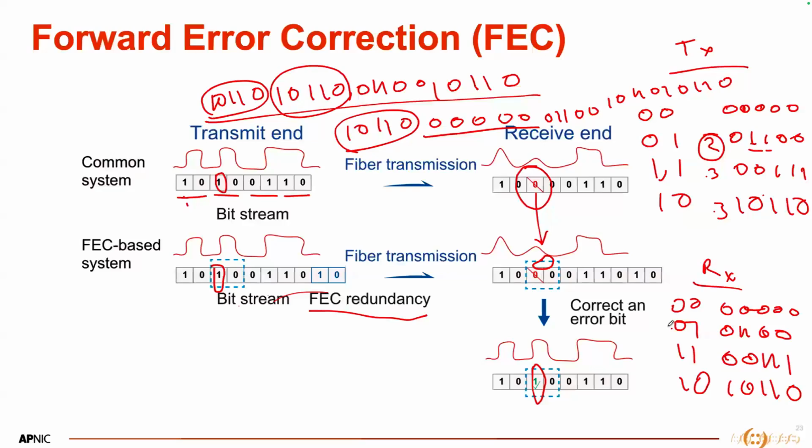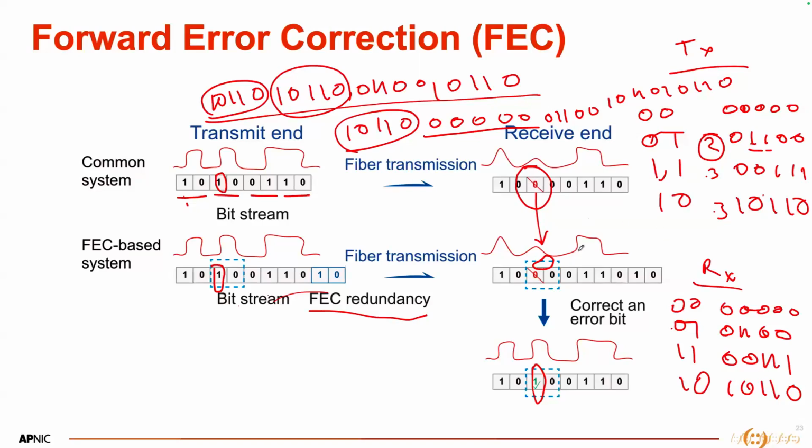But if the code doesn't match, it tries to catch the lowest difference between the received and the supposed to receive code, and it picks this one and fixes the received byte. So we will discuss more on FEC in coming slides. This is just a glimpse.